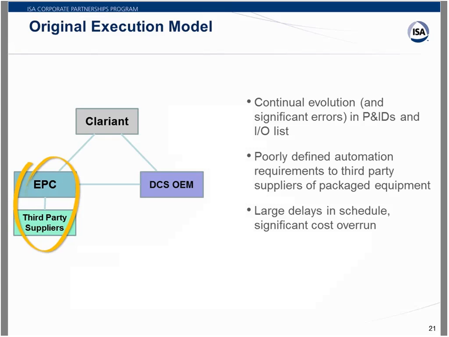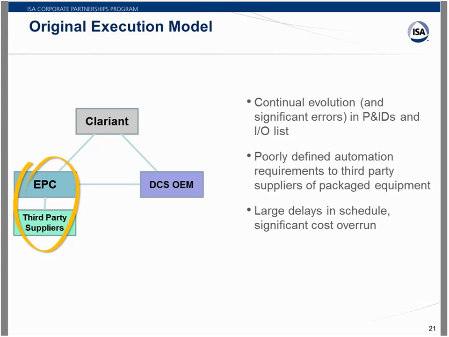The automation requirements for the third-party suppliers were really poorly defined. The EPC, as is often the case, used their boilerplate documents, and didn't really pay attention to or customize the automation portion of those specs that went out to these third-party suppliers.